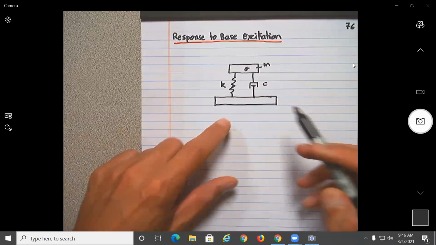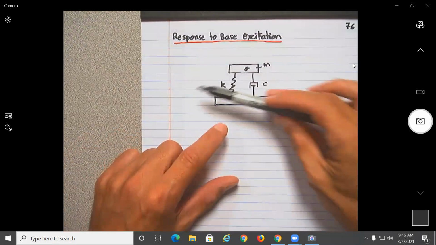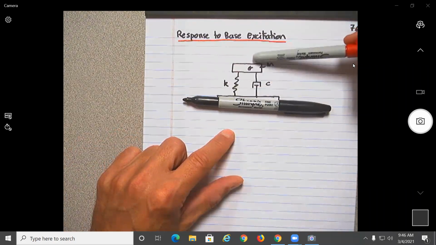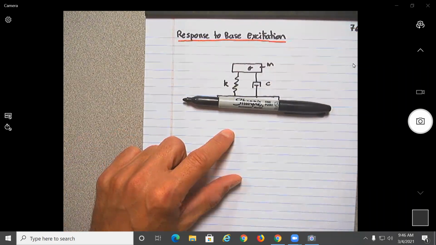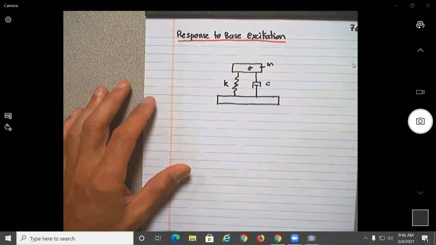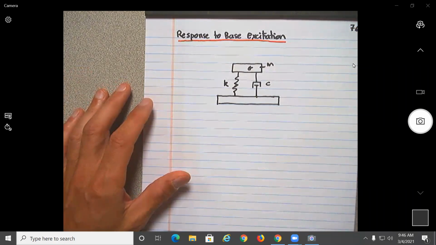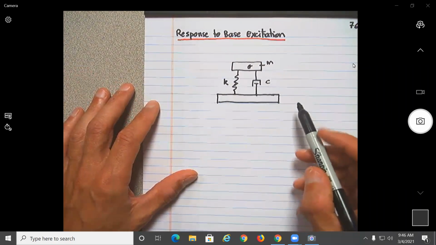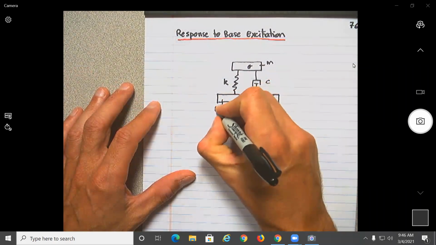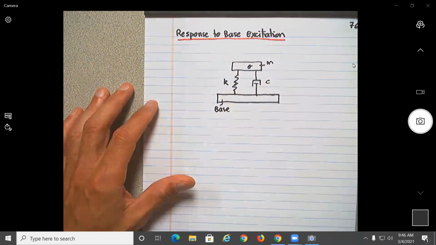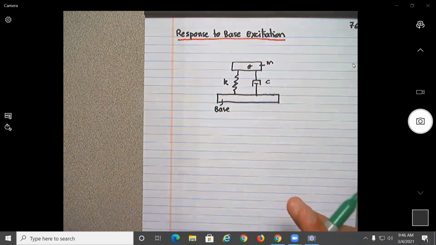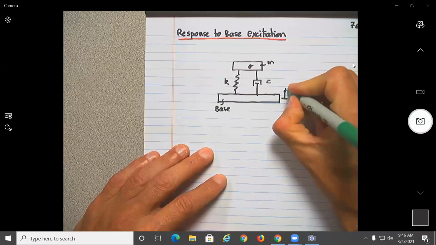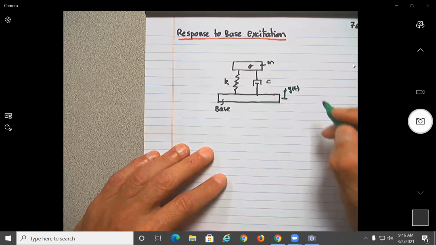Before, this was attached to the floor, and for example we were subjecting the mass M to a force. Right now, what is going to be moving is the foundation. This will be the base, with motion y of t.